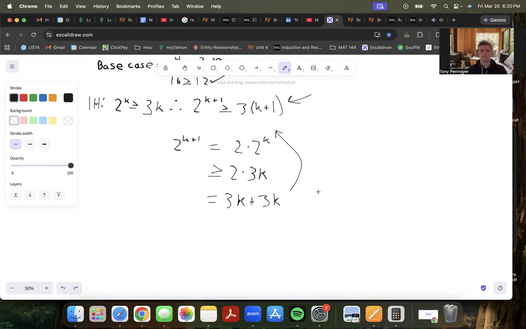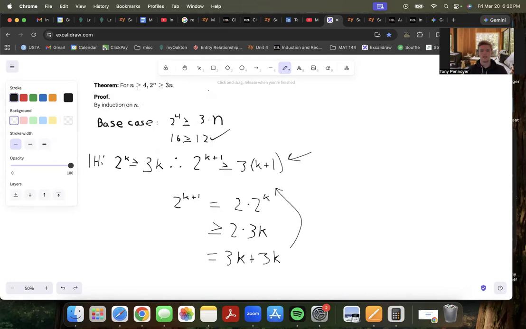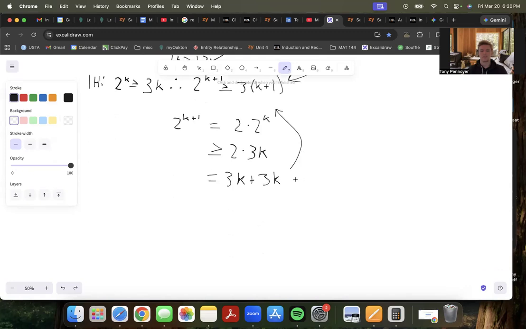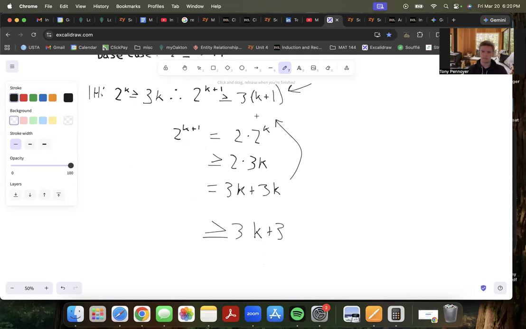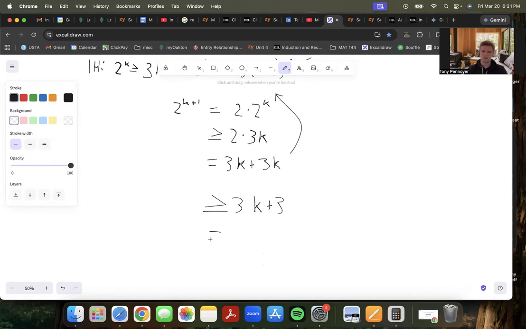Since k is greater than or equal to 4, if we just take one of these k's away, we can say 3k plus 3 is less than or equal to this. I did that because it allows us to factor out this side of the inequality up here. So now you can say that's equal to 3 times k plus 1.